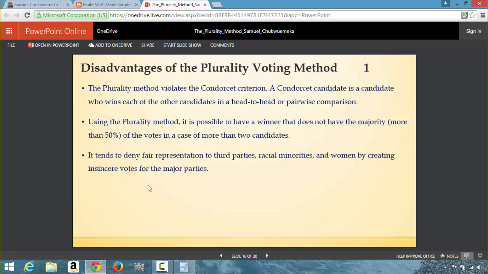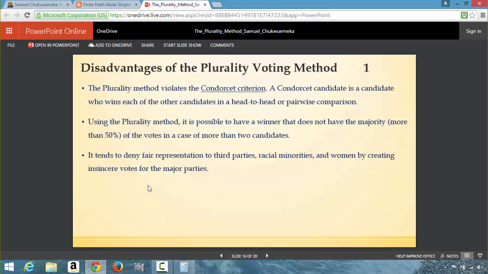Because the third parties or the minor or other candidates don't stand a chance, rather than waste their votes, waste in quotation marks, voters go and vote for one of the candidates in the major parties.